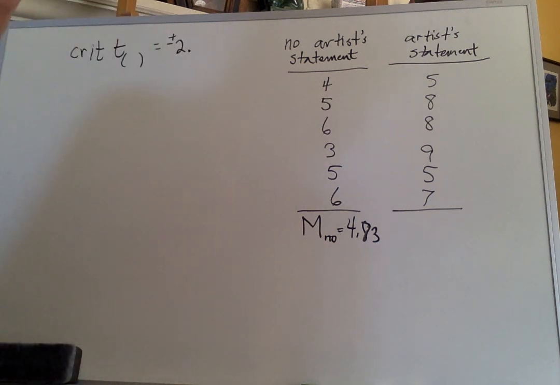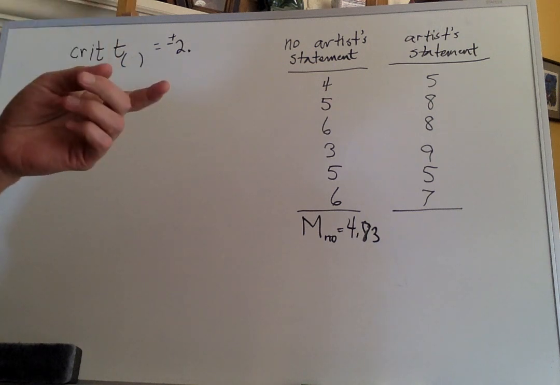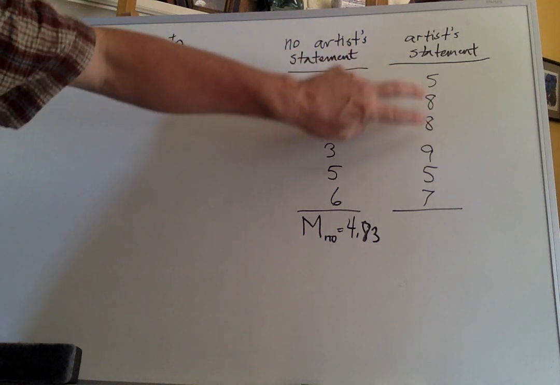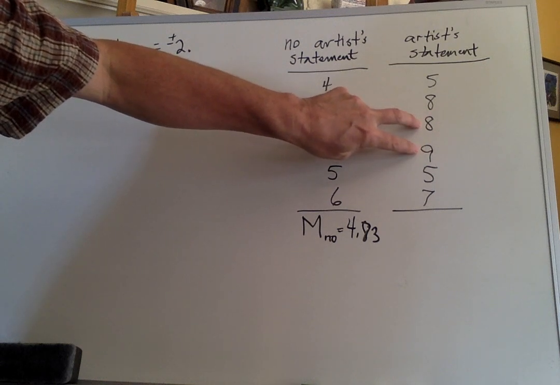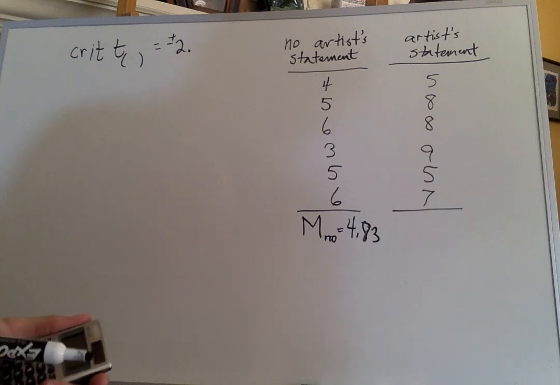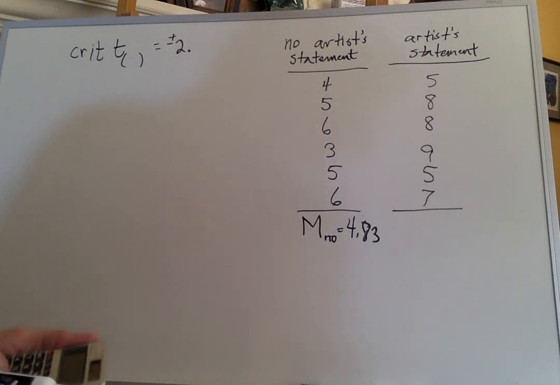So let's look at the folks that did read the artist statement beforehand. You guys see what I'm doing here with this addition. 13 plus 17, that's 30, plus 12 is 42. Or you can slog along with your calculator, okay?